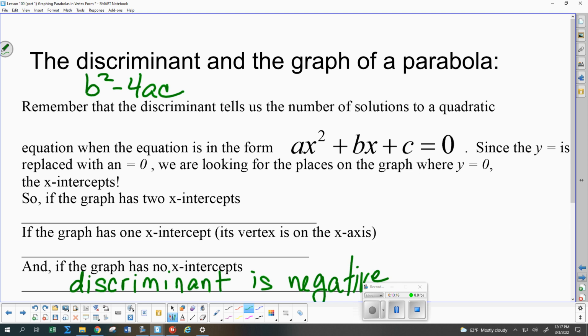If the discriminant is positive, so you're taking the square root of a positive number, so your quadratic formula is the opposite of b plus or minus positive over 2a. How many answers are you getting in that case, Nicole? And are they real or complex?